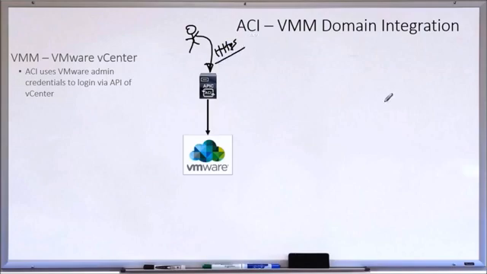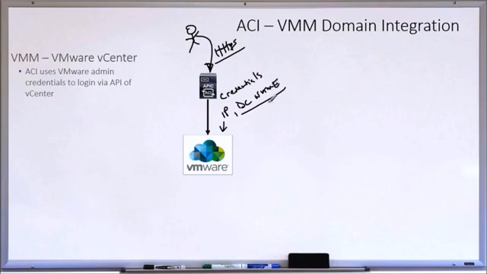But we're going to be in the APIC GUI, and we're going to supply a couple of things. For instance, if we're using vCenter, we're going to tell it the IP address. We're going to tell it the data center name that we're going to be building the distributed virtual switch in. We're also going to give it some credentials.